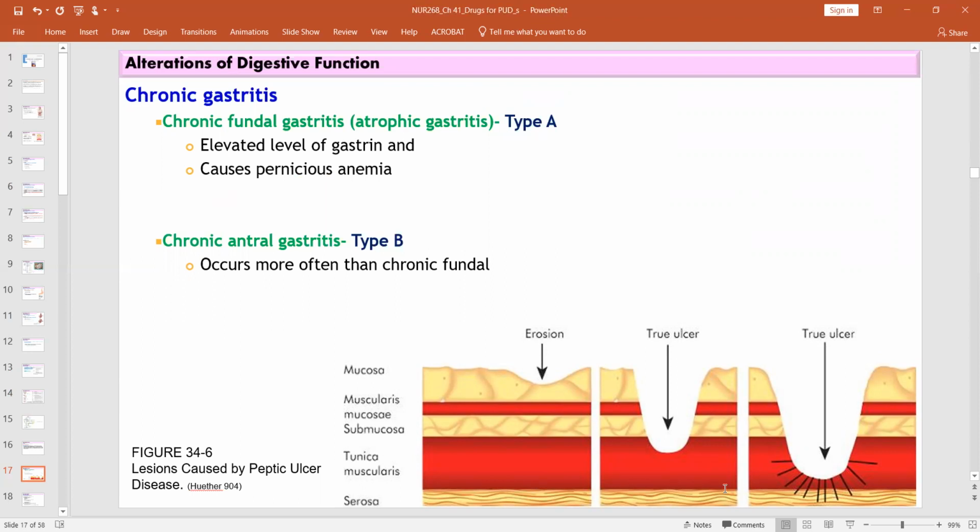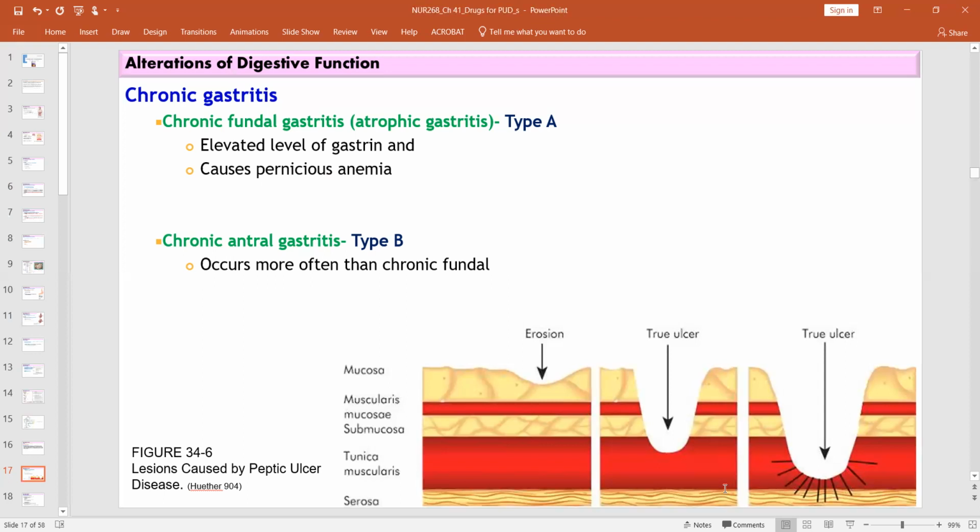It causes pernicious anemia, which is vitamin B12 deficiency, resulting from the absence of the intrinsic factor, which is responsible for the absorption of vitamin B12, or autoimmune disease, or H. pylori infection. It can promote mucosal atrophy and tissue injury.